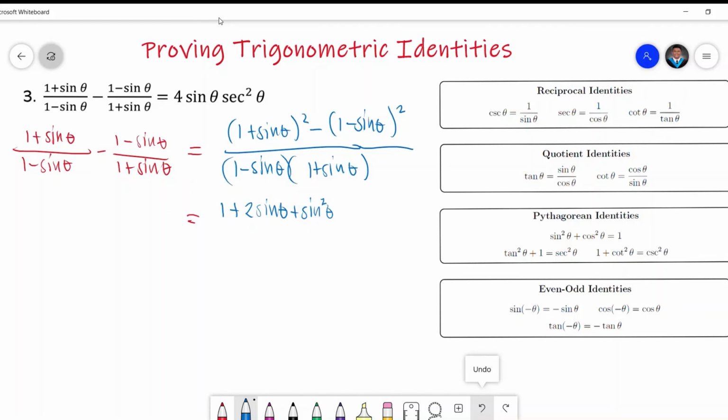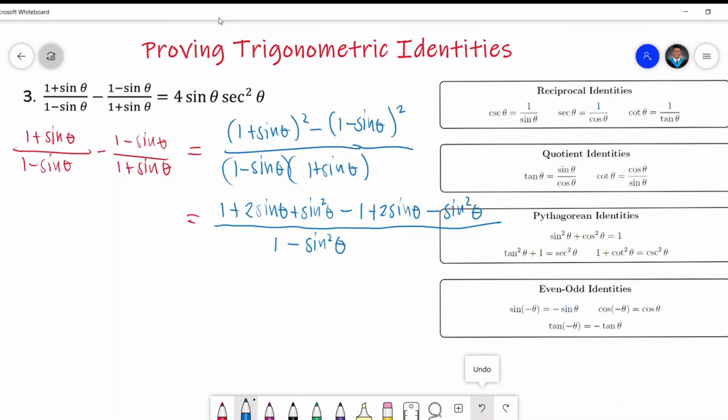And expanding this one also, that will give us minus 1, and then plus 2 sine theta, and then minus sine square theta. Then over, if you're going to multiply the denominators, that will give us 1 minus sine square theta.